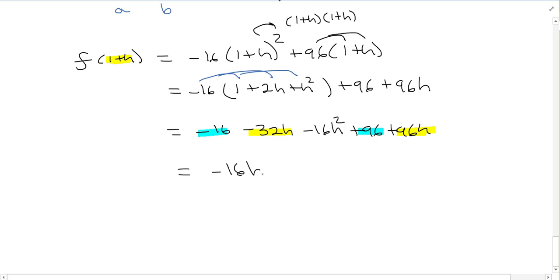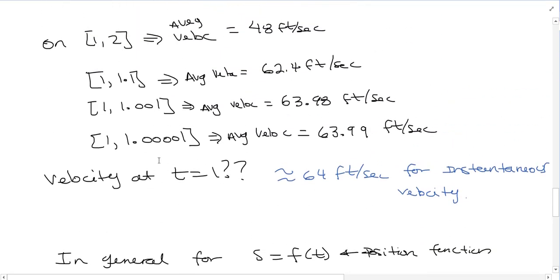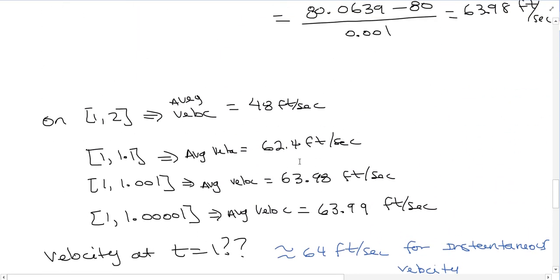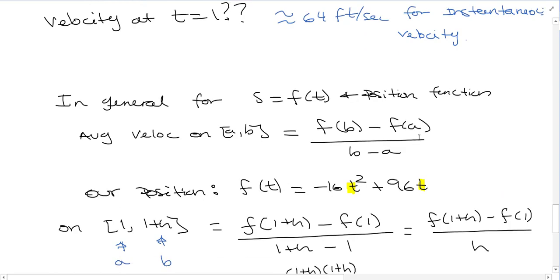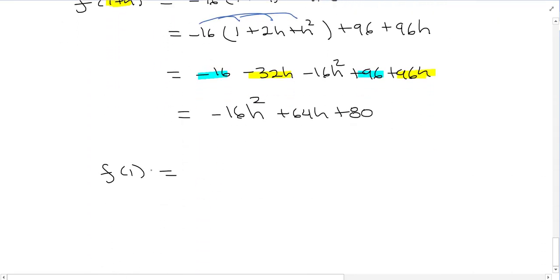I'll have negative 16h squared, and then 96h minus 32h, which is plus 64h, and then minus 16 plus 96 gives us plus 80. So that's f of 1 plus h. And now f of 1, we already know from our work in the prior examples, is 80.